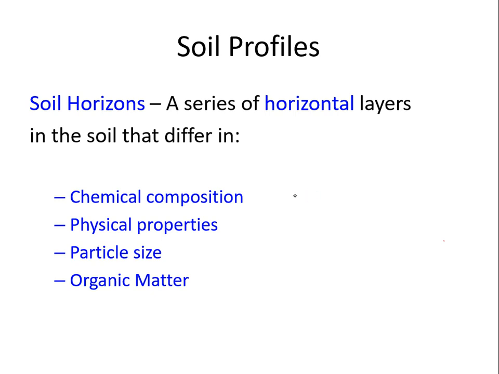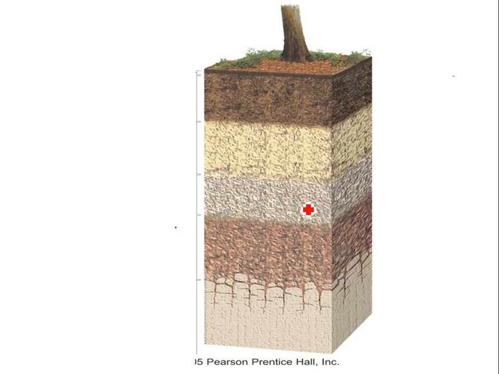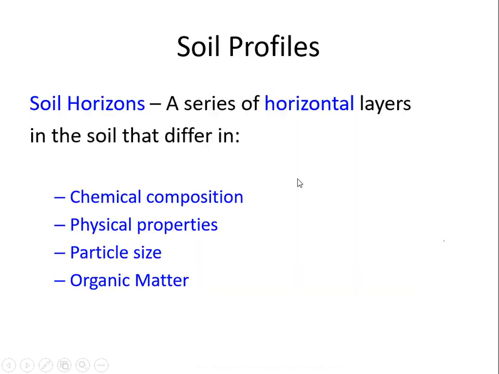As a result, each layer can be separated from each other based on differences in color, which are indicative of changes in composition, physical properties, particle size, and especially organic matter. Generally speaking, when you get to layers that are much darker than others, it is highly indicative that it is rich in organic material.